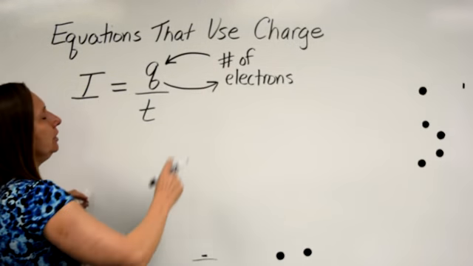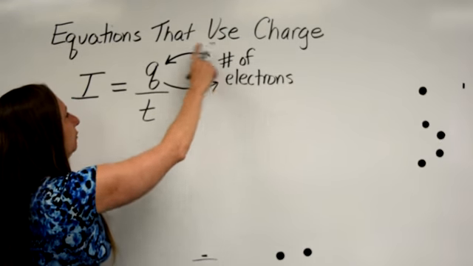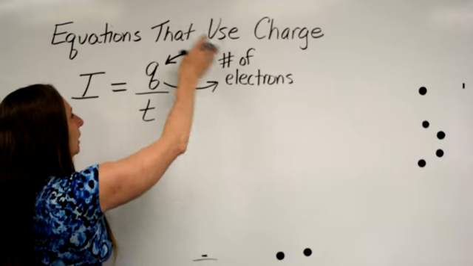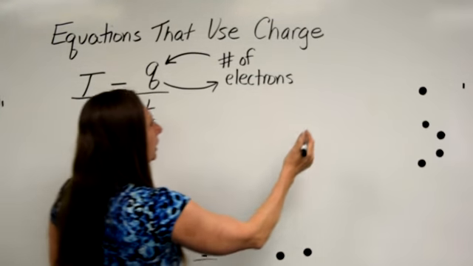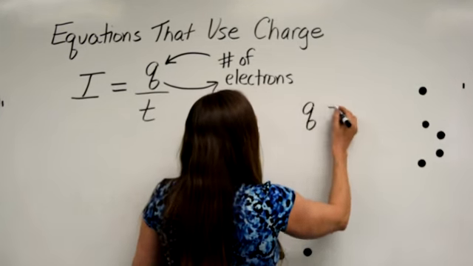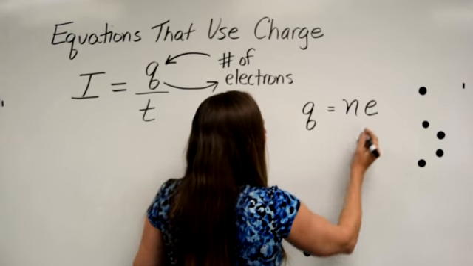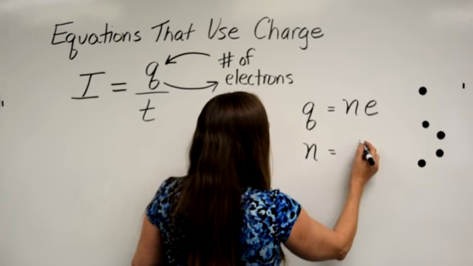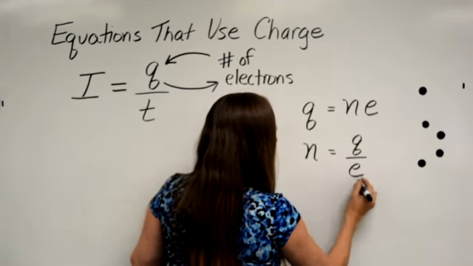And again, the equation that helps you go back and forth between number of electrons and charge is that little common sense equation: Q is equal to N times E, or N is equal to Q over E.